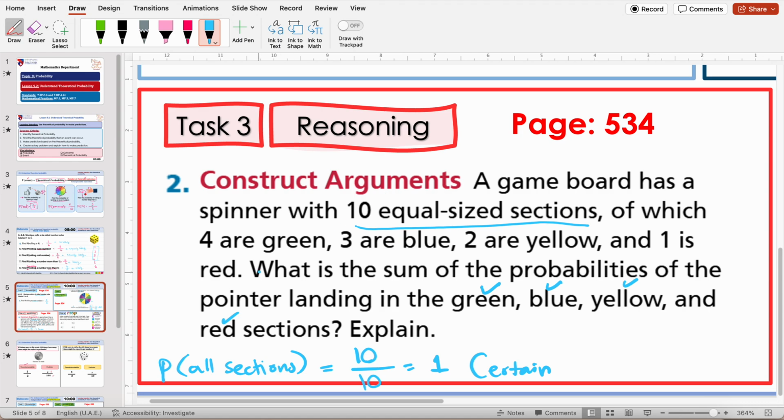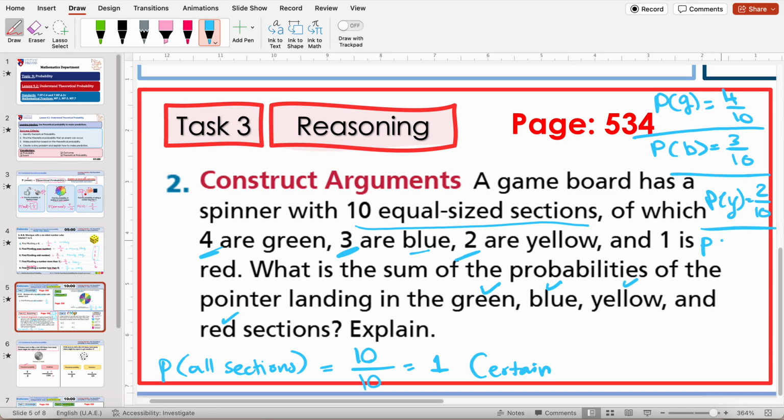Another way is that you can calculate the probability for every single event and combine them. Probability of landing on green is 4 out of 10 sections. Probability of landing on blue is 3 out of 10 sections. Probability of landing on yellow is 2 out of 10 sections.